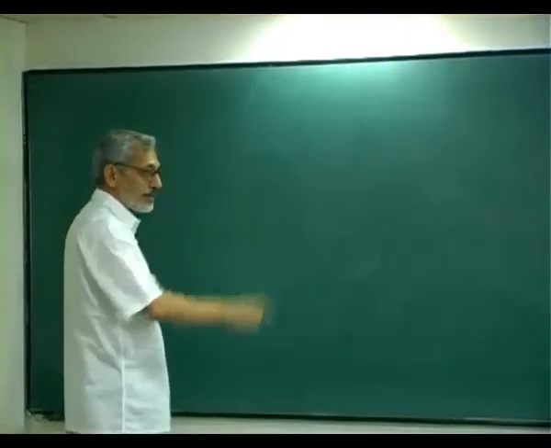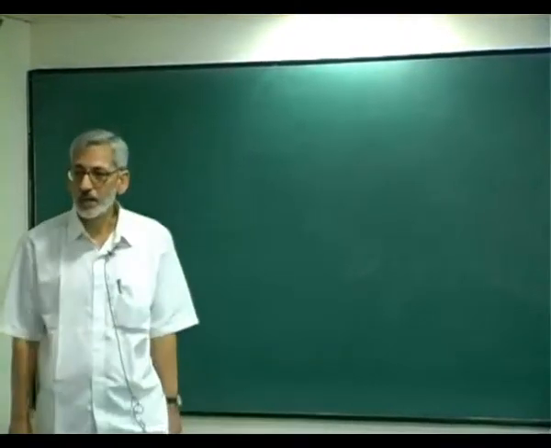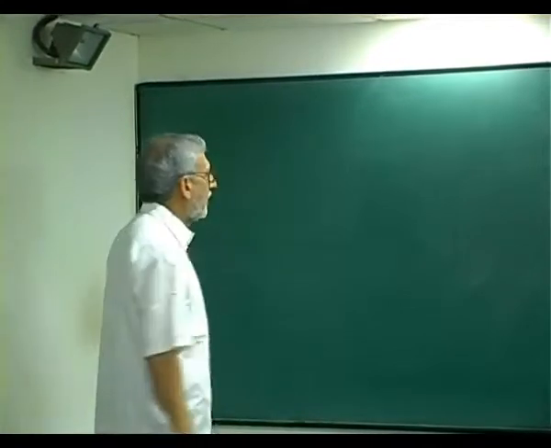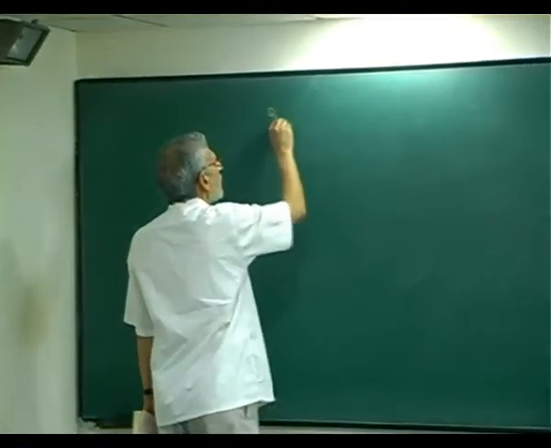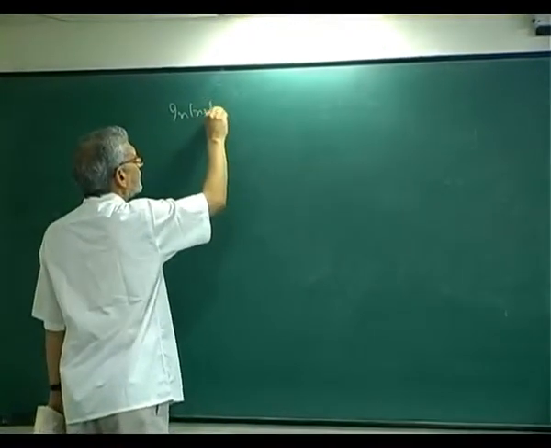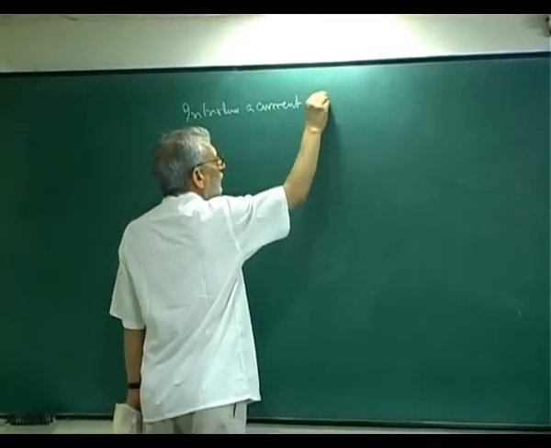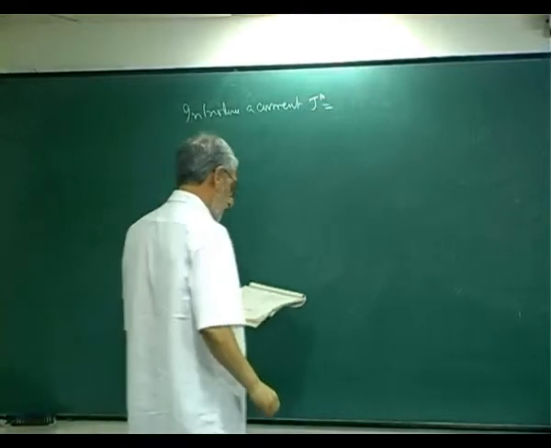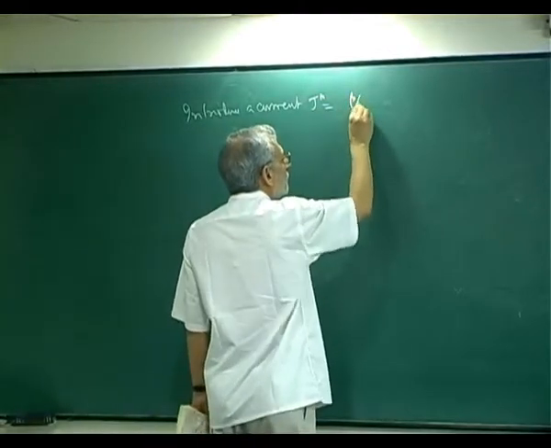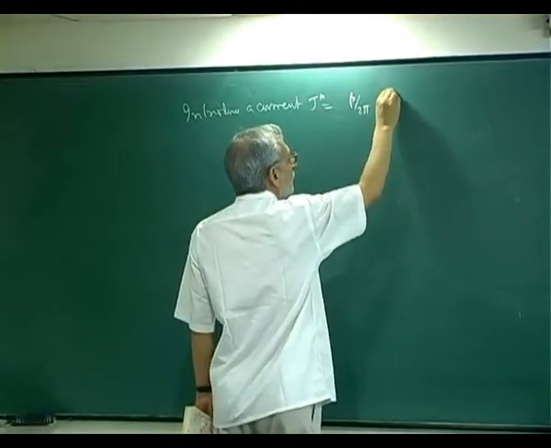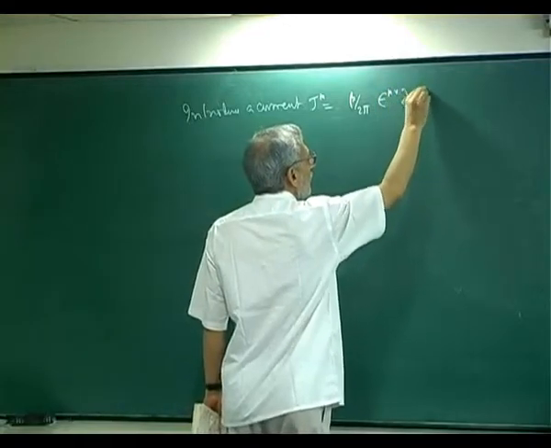Now in order to understand the properties of what we have called soliton and anti-soliton, let's introduce a current, J mu, defined by beta by 2 pi epsilon mu nu d nu phi.